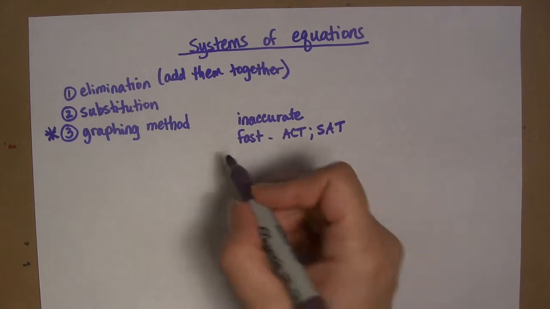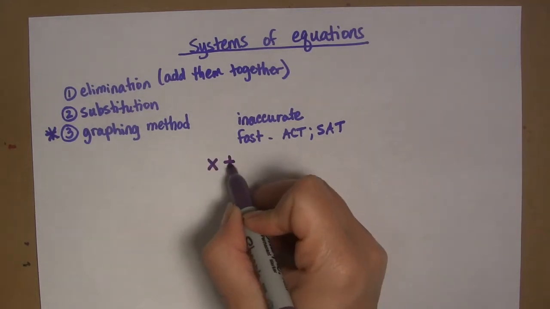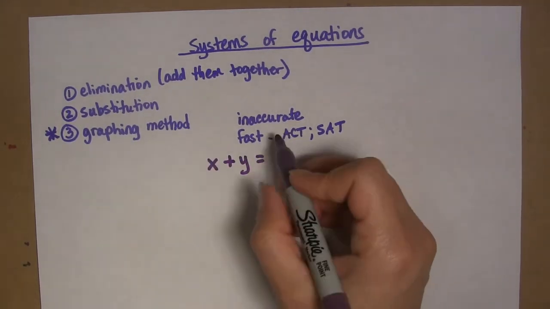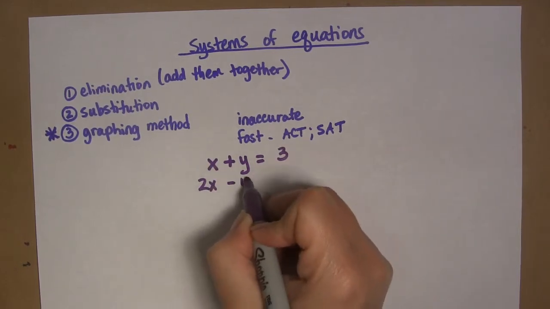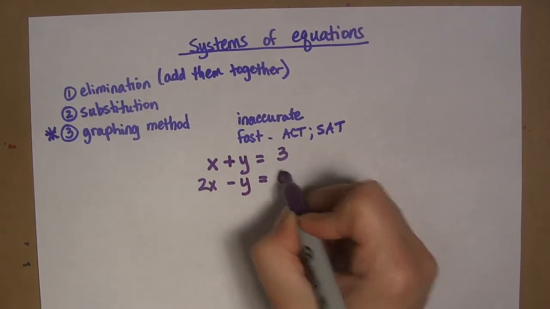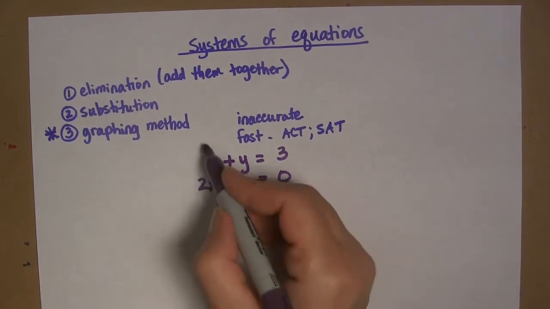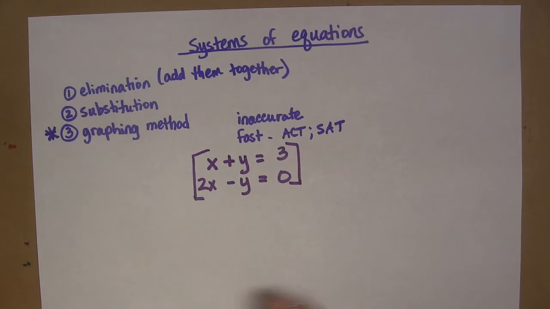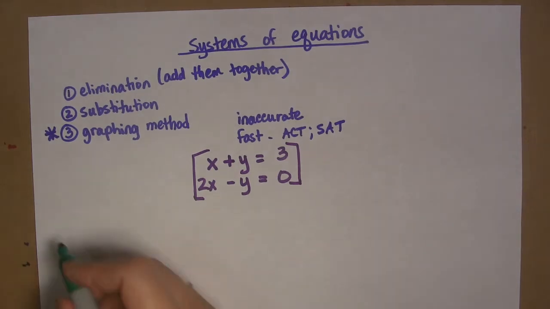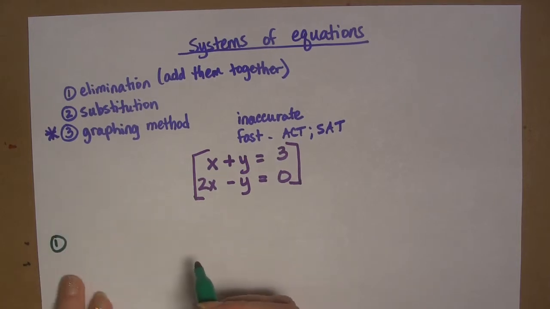Here are the two equations I have: X plus Y equals 3, and 2X minus Y equals 0. We are going to solve it all three ways.